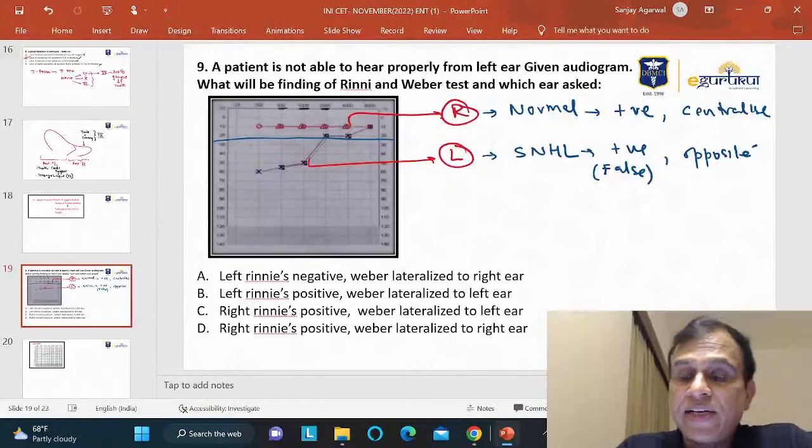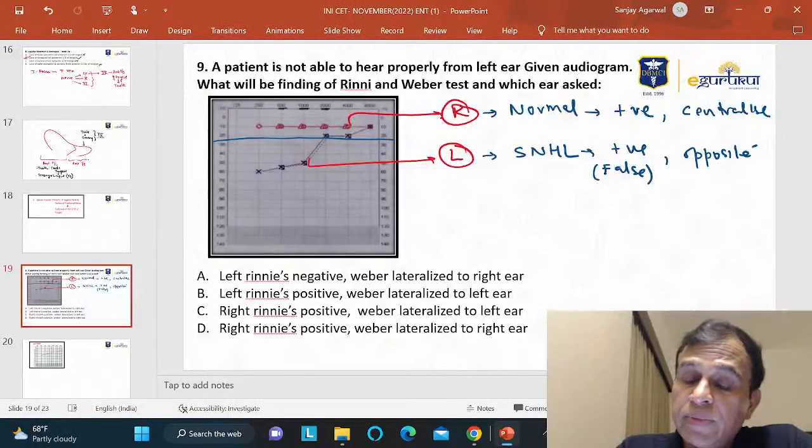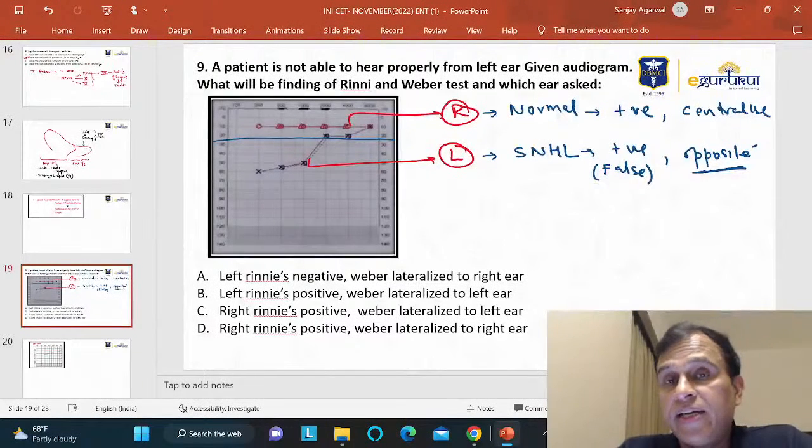So if it is left ear SNHL, the Weber's will go to the opposite side. So Rinne's will be positive in both the ears, and Weber's will go to the right ear because it has to go opposite of the left side. So this is the finding. That should be the finding.